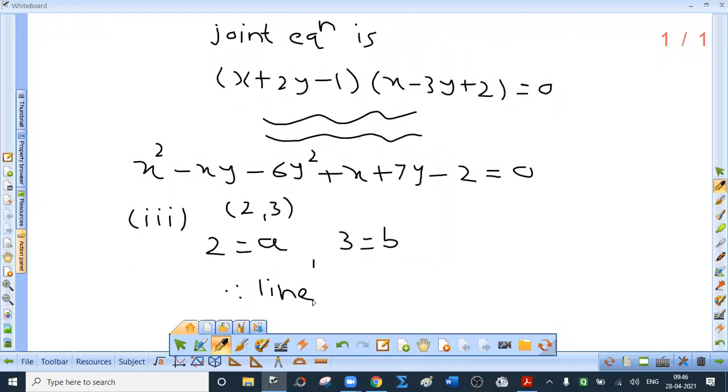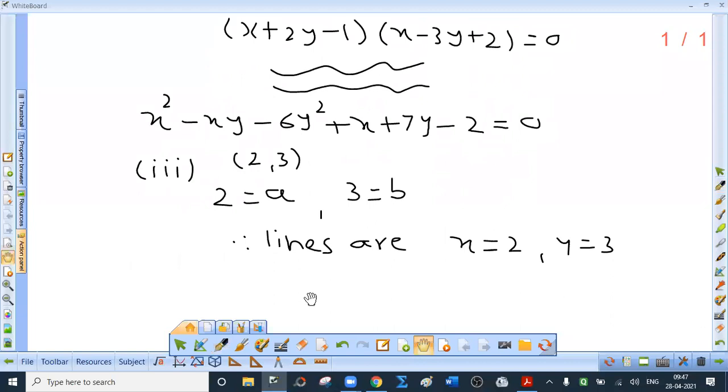Therefore, lines are x equal to 2, y equal to 3. Because we have obtained values of a and b, x equal to 2, y equal to 3. I hope you will not say the joint equation is xy equal to 6. That is absurd. We have to rearrange the terms. So x minus 2 equal to 0, y minus 3 equal to 0.